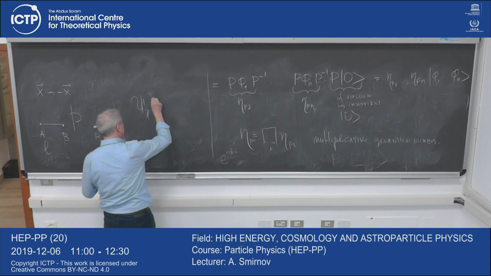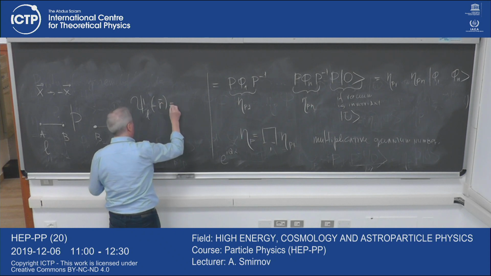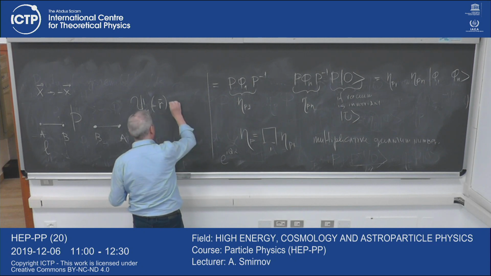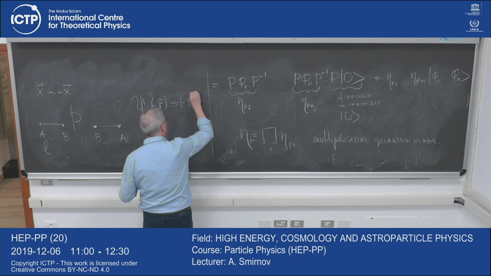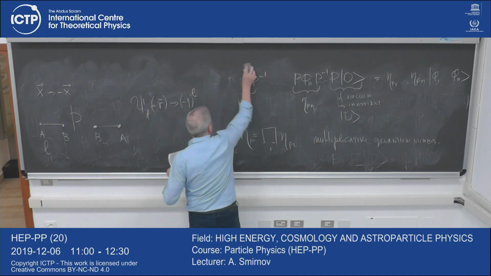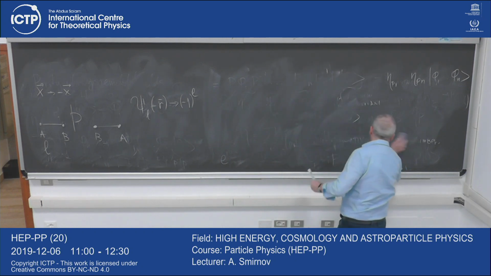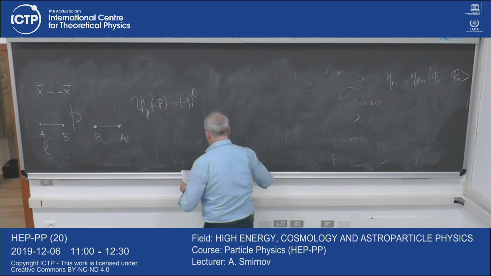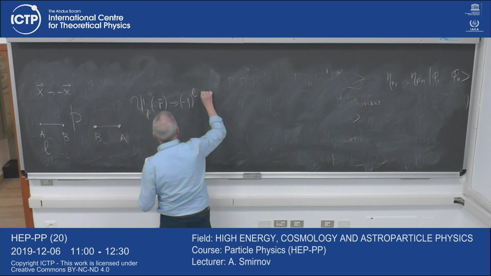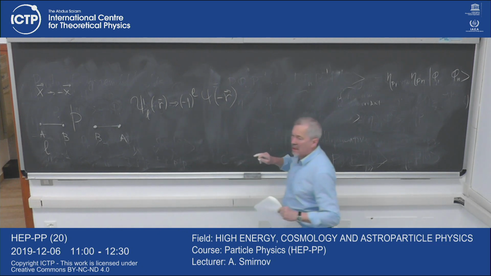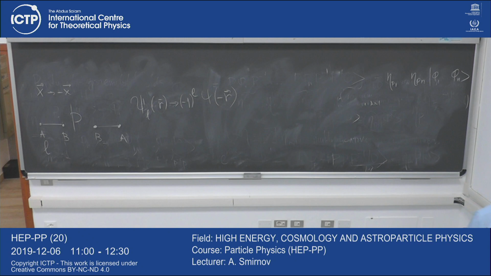Psi_L of minus R is transformed to -1 in the power L times psi of minus R. So not only does the coordinate change the sign, but you also have the appearance of -1 in the power L. L is the total orbital momentum.